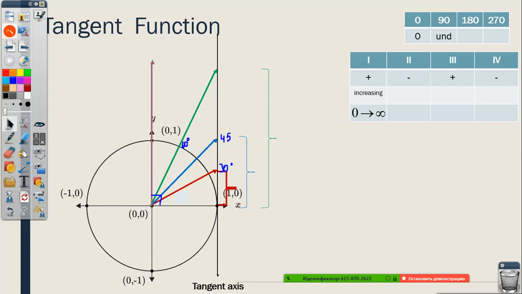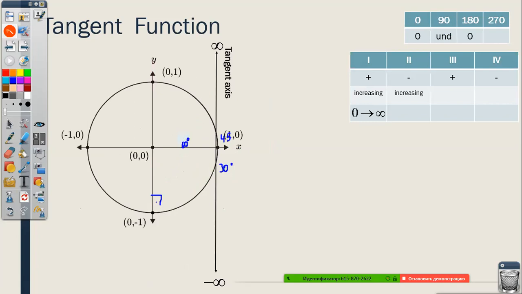Then let's see the second quadrant. Again I will draw three angles, for example 120, 135, and 150 degrees.